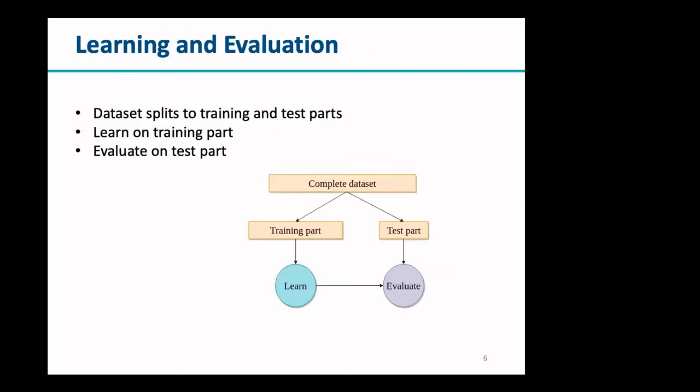For the learning and evaluation, data sets are split into two parts. First, the training, and the second is the test part. So if you have a complete data set in your research lab, in your wet lab, you should split it in two parts. First for the training and the second for the test part.